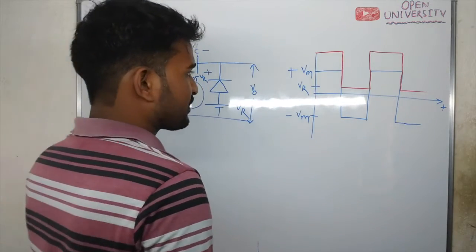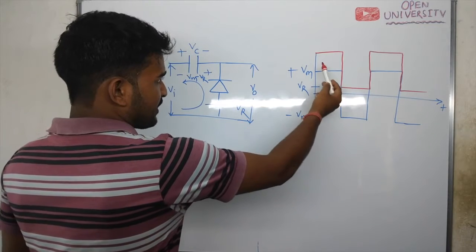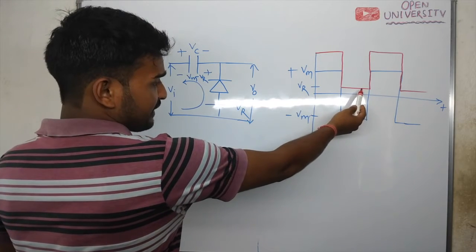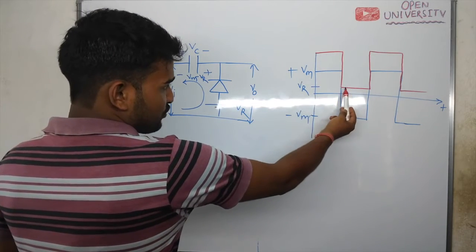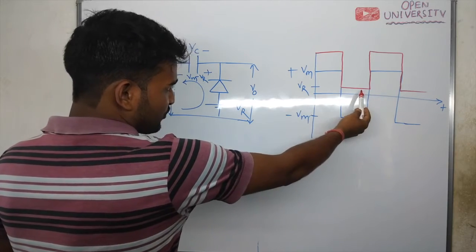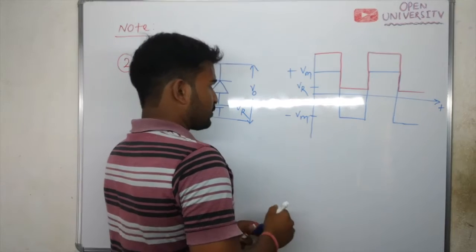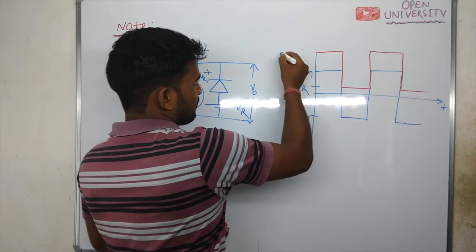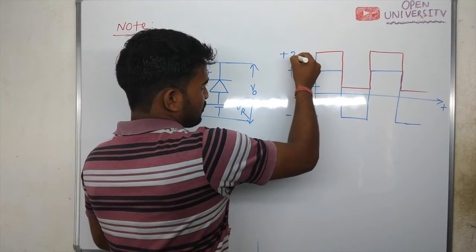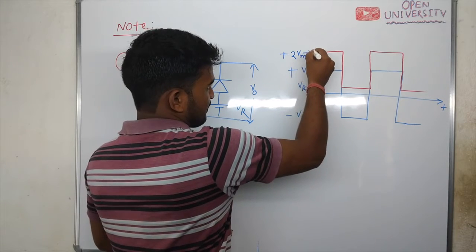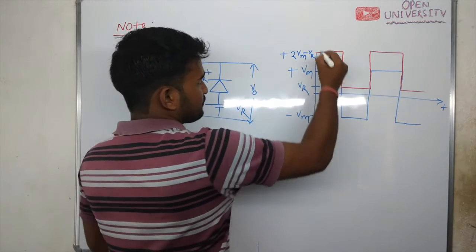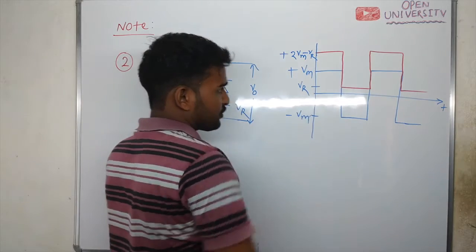This is the negative peak and this is the positive peak. So the negative peak of output is clamped to the reference voltage. And what is this value? Plus 2Vm minus VR. This is your output waveform.